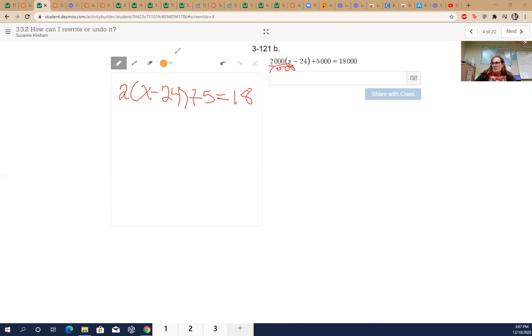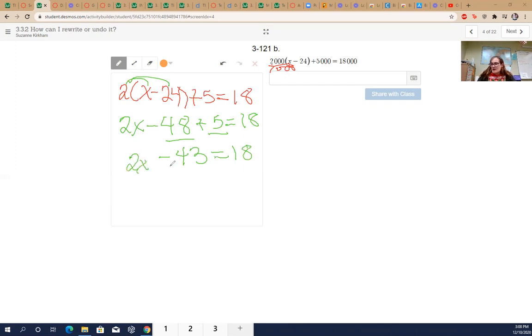All right, so now we will distribute out our 2. So 2 times x and 2 times negative 24. 2 times x is 2x. 2 times negative 24 is negative 48, and then plus 5 equals 18. Now we've got negative 48 and 5. We can add those together. Negative 48 plus 5 is negative 43. That equals 18, and then we've got a 2x.